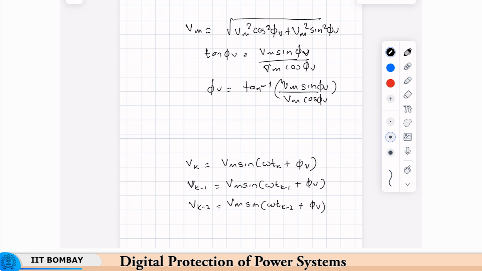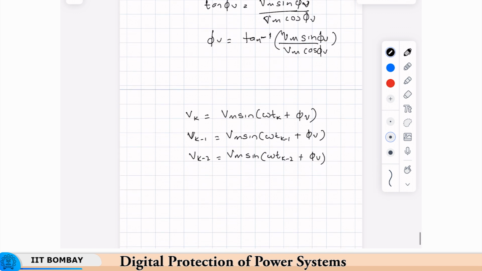So we have just generalized the equations. The treatment will be similar, but we will see how to go about this. Similarly, we will expand it. We will write omega tk as theta k, omega tk minus 1 as theta k minus 1, like last time with theta 1, theta 2, theta 3.